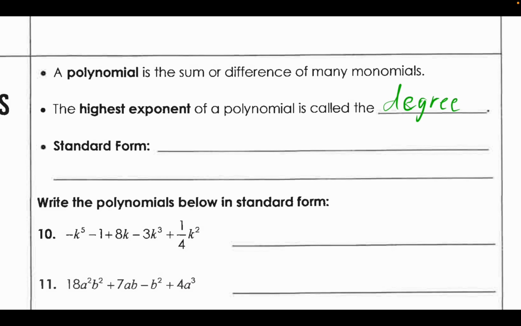Standard form. So we say a polynomial is in standard form when you are writing it in this manner that I'll mention in a moment, which is how we always want them. Always write variables alphabetically.